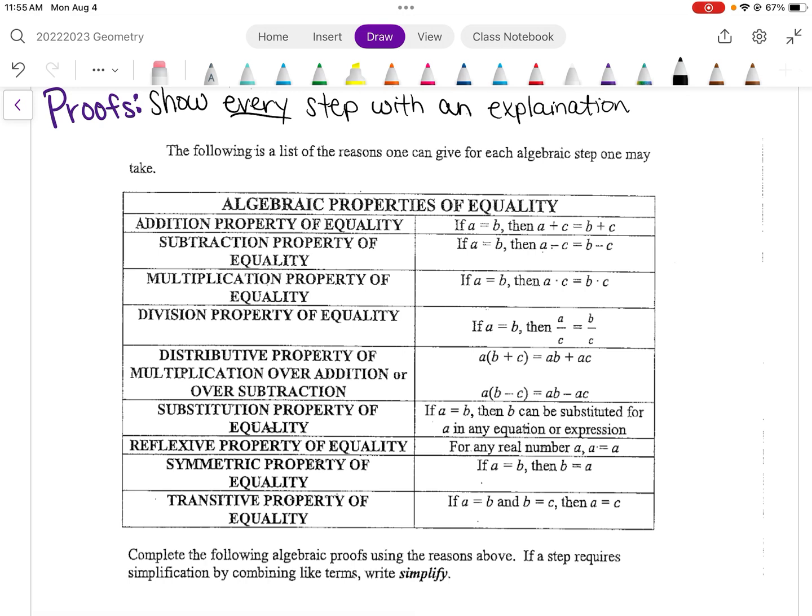So in order to have that explanation, we are going to have to know some properties, mainly the properties of equality. Most of these you should be familiar with. The first four are your basic operations. The addition property of equality. Anytime you see property of equality, that means you're doing something to both sides.